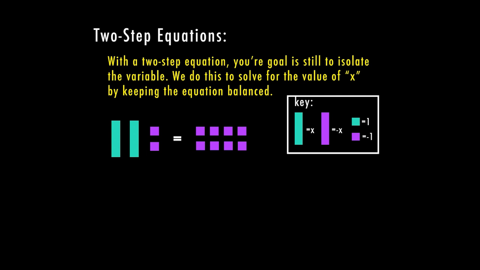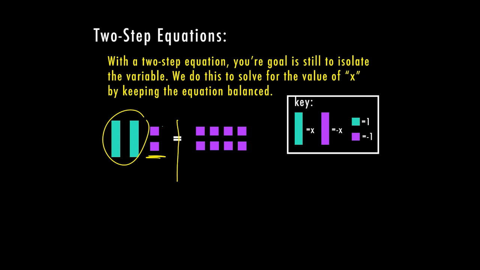In order to do this, we want to get the two x's by themselves. If my goal is to get these by themselves, I'm going to need to move my constant first. And in order to get two -1s to the other side, I'm going to have to do the opposite or inverse operation. And when I say to the other side, remember the equal sign is where your equation is going to stay balanced.